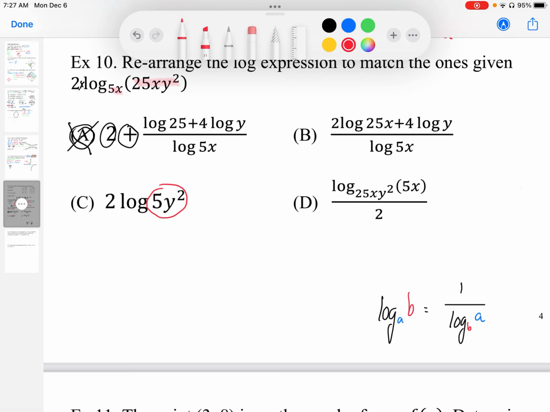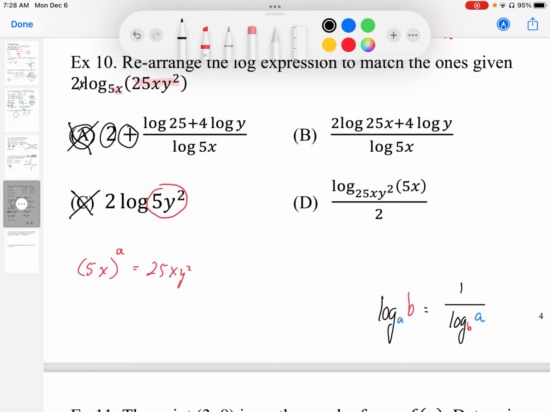First of all, base and argument are on opposite sides of the equation when we set up the exponential expression. So we end up with 5x to some power, we'll call that power a, equals 25xy squared. So we just can't all of a sudden divide those together. They're not compatible parts, so by doing that, it's not going to work. So we're going to eliminate C.